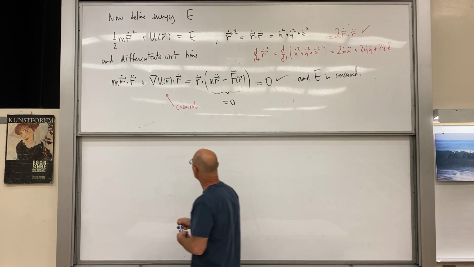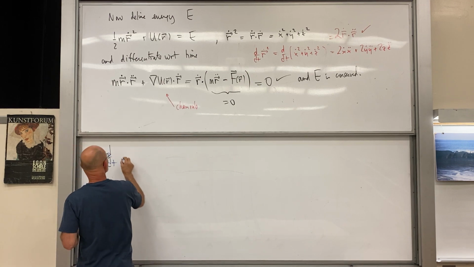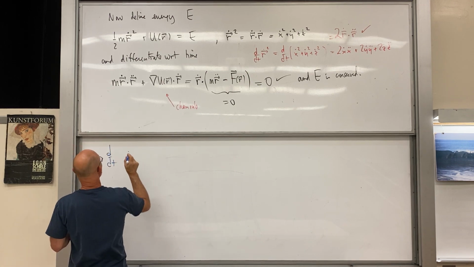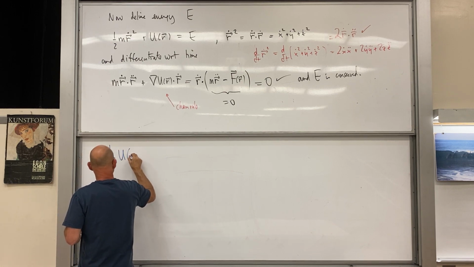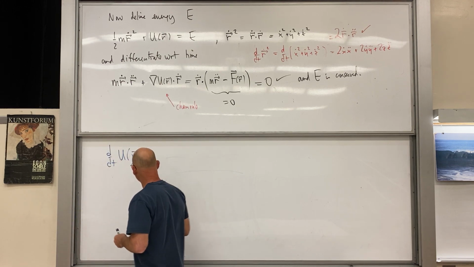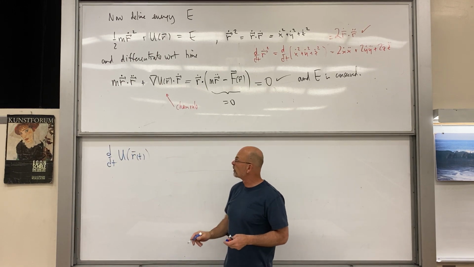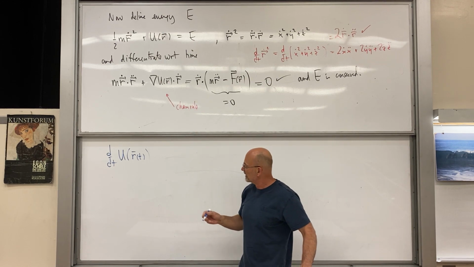So let's look at that a little closer. d over dt, just to be really explicit about it, of U of r of t. That's what we just did and claimed that it was the gradient dotted into the velocity.